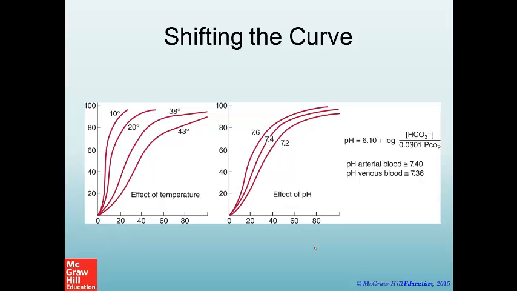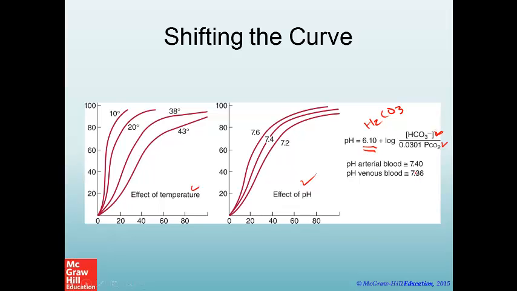Now that curve shifts because of temperature and pH changes. So if we go to our Henderson-Hasselbalch over here, you have pH equals the pK of carbonic acid of 6.1, and then the log of the bicarbonate over the weaker acid CO2.